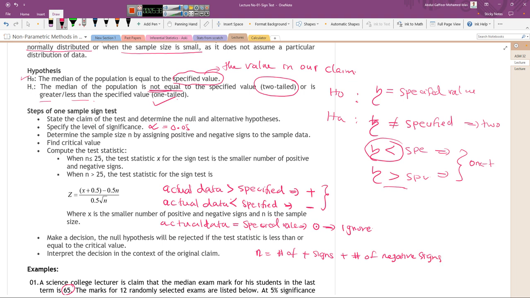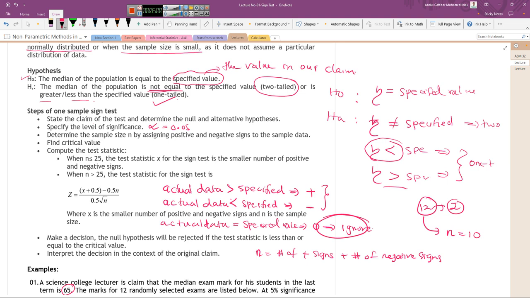For example, if we have 12 observations, and after comparing the actual data with the specified value in the claim we have 2 zeros, now our sample size n will become 10, right? Because we have to ignore the values assigned 0.